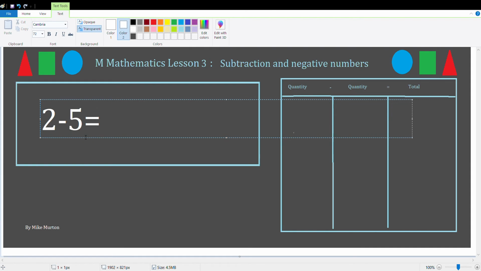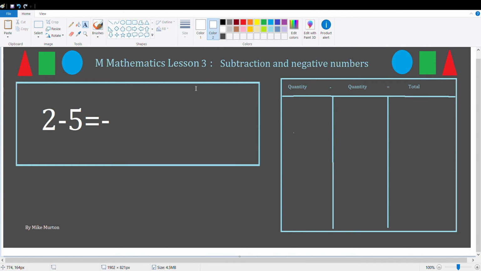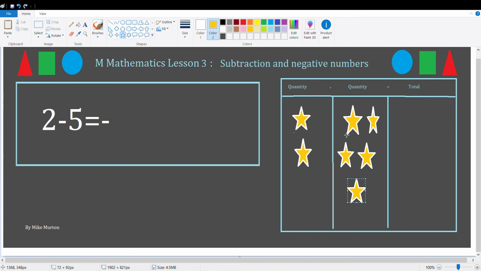Well, the second number is bigger than the first, so we know it's going to be negative. We'll do our stars again. 1, 2, and then we have 1, 2, and then we have 3 more to make 5. 1, 2, 3, 4, 5.